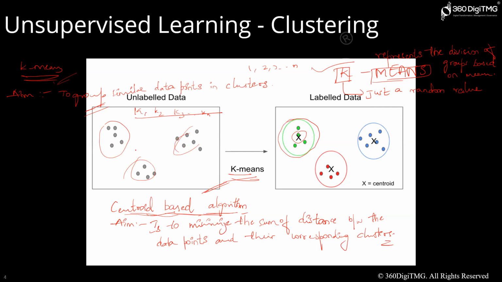And based on how it understands the data points, the model will automatically recognize the patterns and then divide them into clusters. How is it divided?